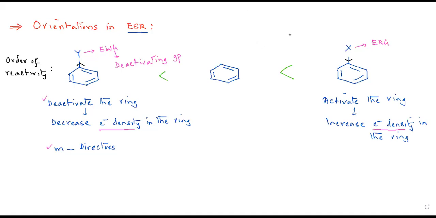As a result, electrophiles approach such a substrate readily. Now, let me also tell you that these are ortho-para directors. See, electron releasing groups are ortho-para in nature. Electron releasing groups, or you can also say activating groups.